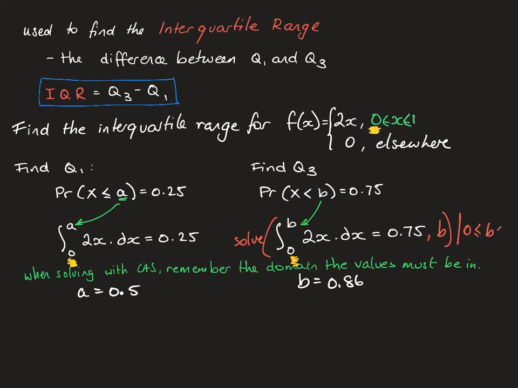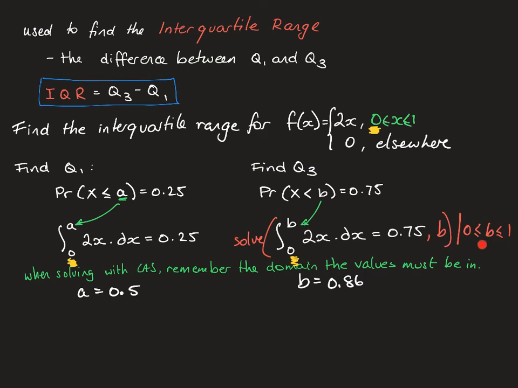That way it's going to give you the correct value for B, because sometimes it'll spit out values that solve this integral, but outside of the domain, because the calculator is just reading this as a whole function. It doesn't realise that there is some limit on what the value of B is.